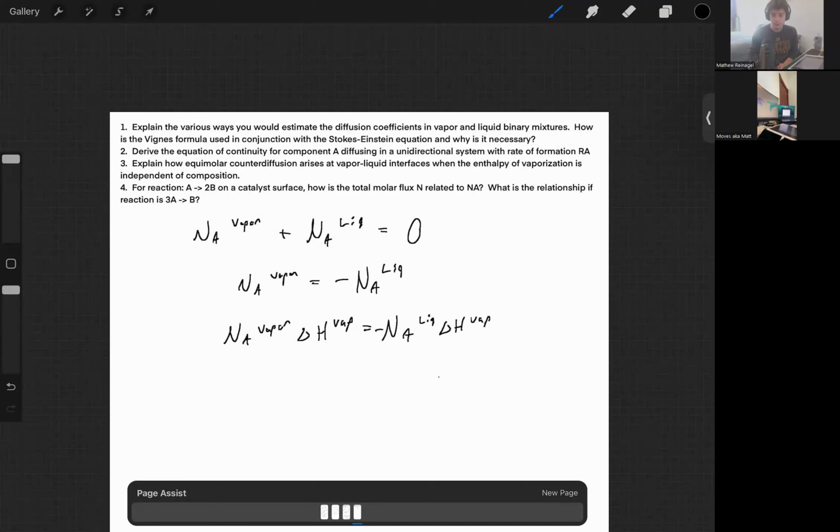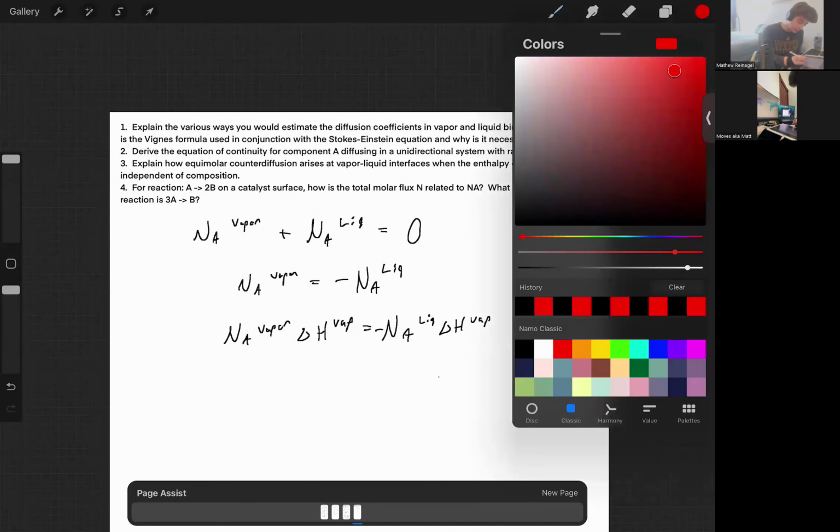If we look at the equation, you can see that it doesn't really matter what the change of heat of vaporization is for this system if it is independent of composition, because we assume that we're in steady state, the molar fluxes are equivalent to each other, and if we're at the same composition, our enthalpies of vaporization are also the same.